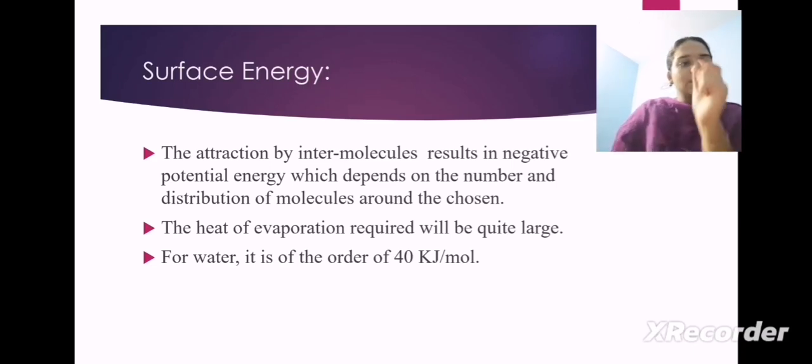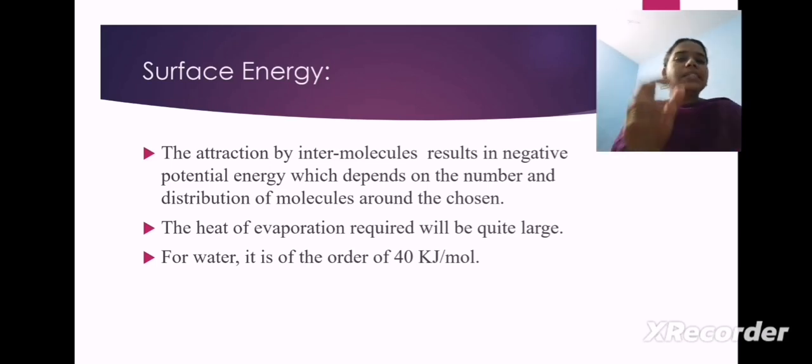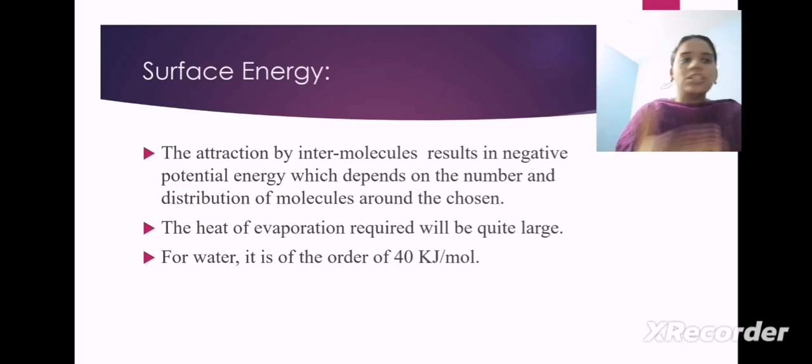This attraction by intermolecular forces is what the atoms are attached by. This attraction will create a negative potential energy, which depends on the number of atoms and molecules and the distribution of molecules around the atom that has been chosen.